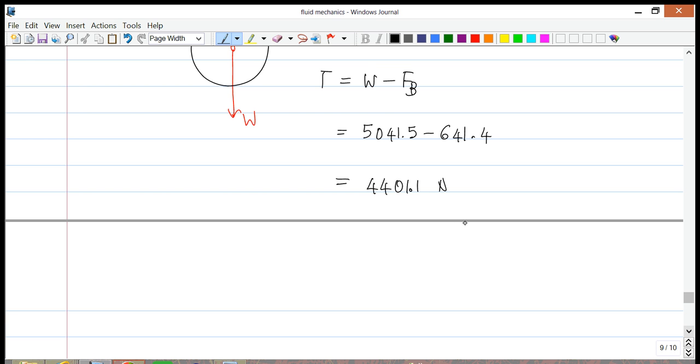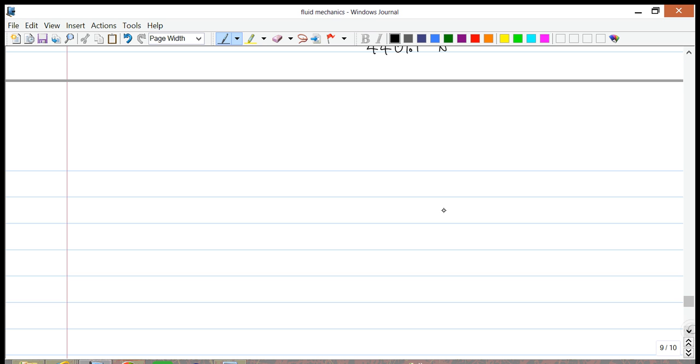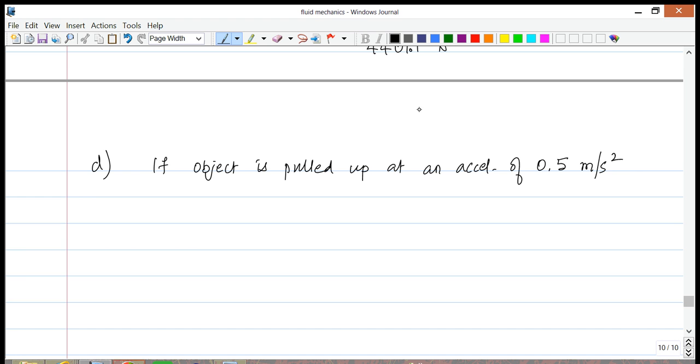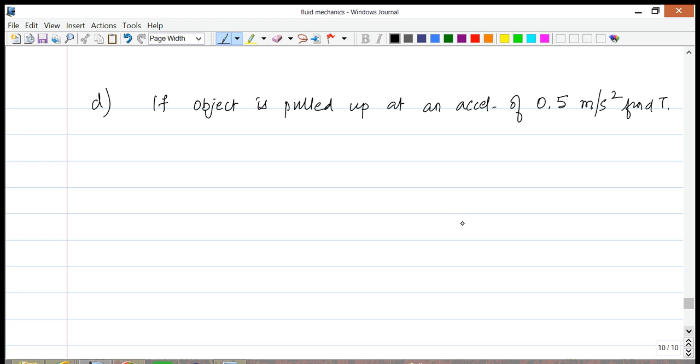Now, a variation of this problem could be: what if we were to raise this object, if the object is pulled up at an acceleration of 0.5 meters per second squared, find the tension in the string. Here this becomes a simple Newton's law problem.